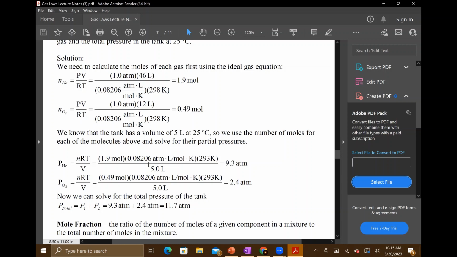So again, Dalton's law is a sum of the partial pressures. All right, you guys are gonna have to respond to me through the chat box. That's the only way I know you're with me.